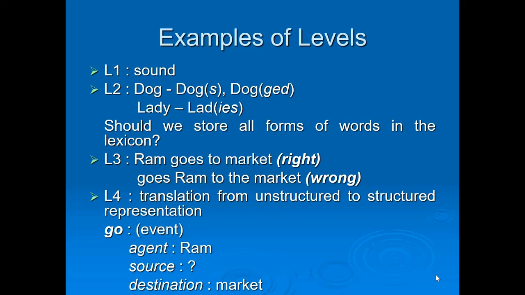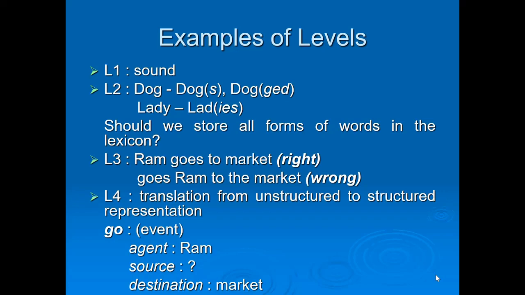We need to give the grammar, the syntax, to the machine: words like Ram will come in the first place, words like goes will come in the second place, then to or in or other such words will come in the third place, and similarly the other words.